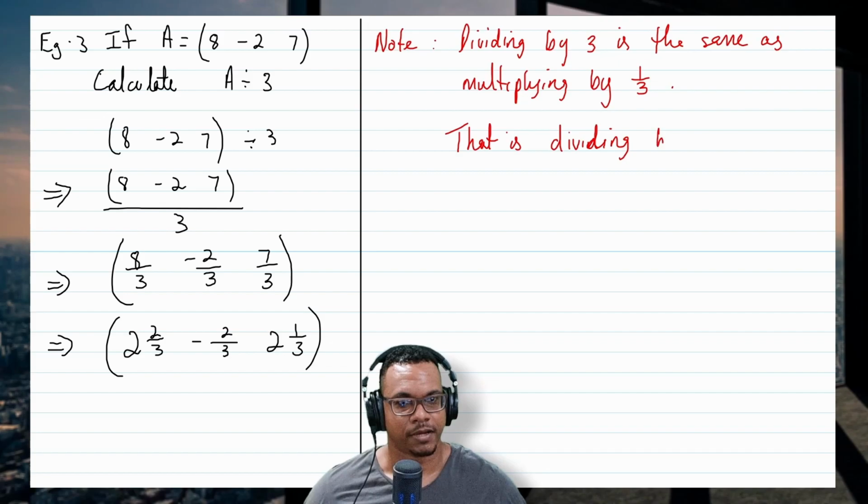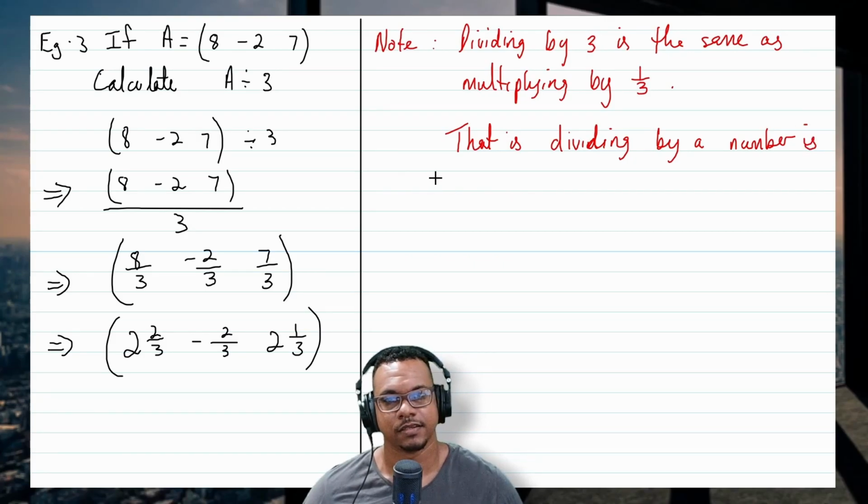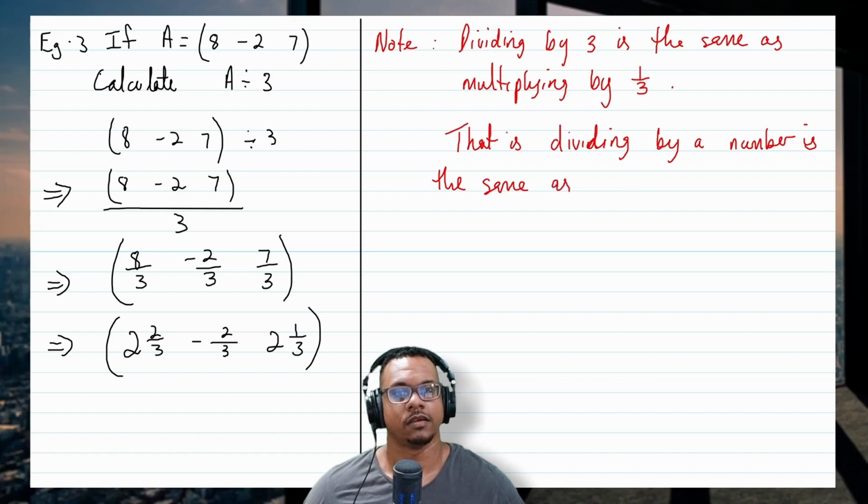All right, so dividing by a number is the same as multiplying by the reciprocal of that number.